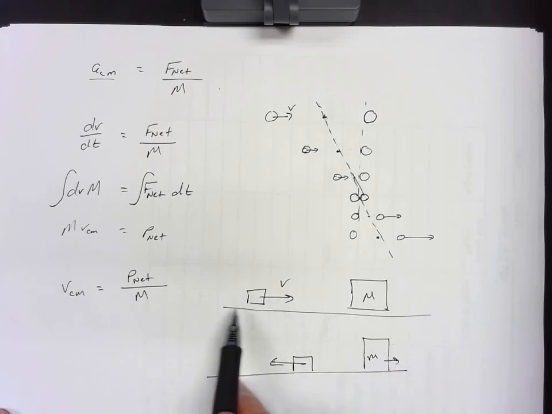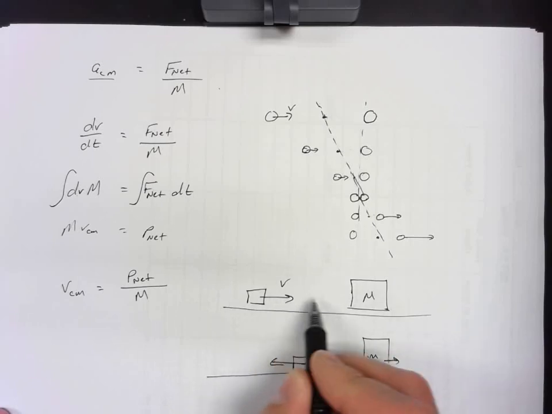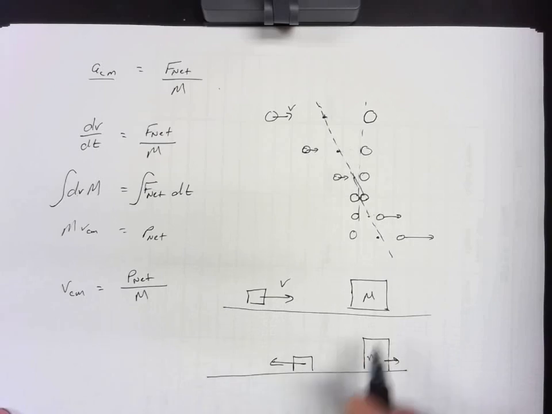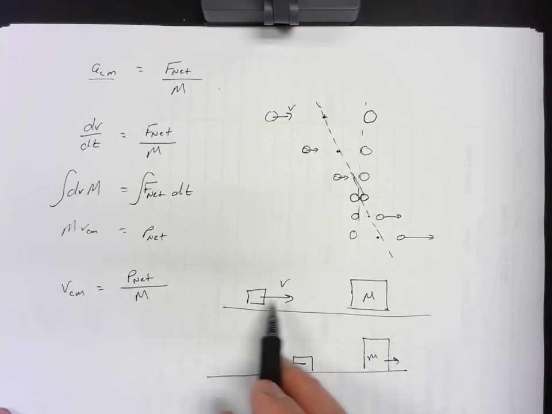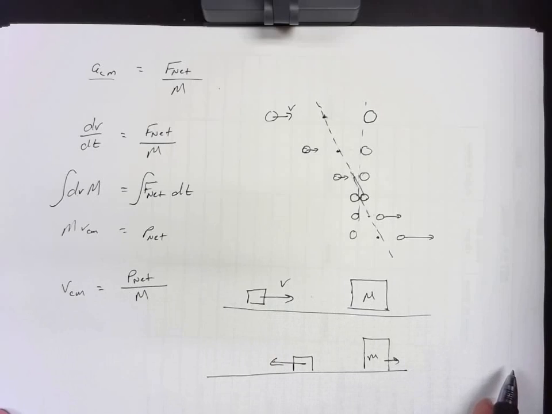All right, so even though this one is moving towards this block, and it's just talking about the center of mass with respect to momentum, well, the total momentum moving forward here is going to have to equal the total amount of momentum moving forward here.